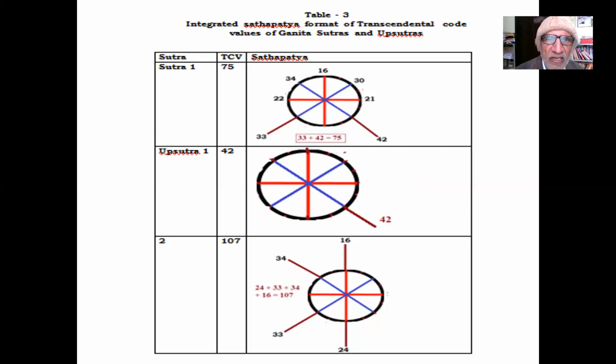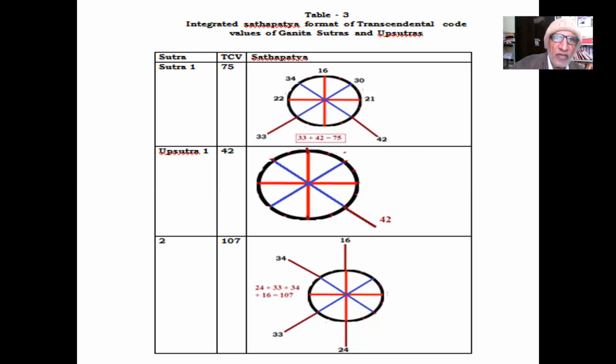One shall be parallel with this dynamic phenomenon of manifestation of transcendental code values, the Ganita Sutras, step by step. These are sequential steps. These are interlocked steps. The gaps between the consecutive sutras are bridged by Upsutras, and gaps between the consecutive Upsutras are bridged by the sutras. Therefore, one shall be of sufficient patience to have imbibing of this phenomenon.